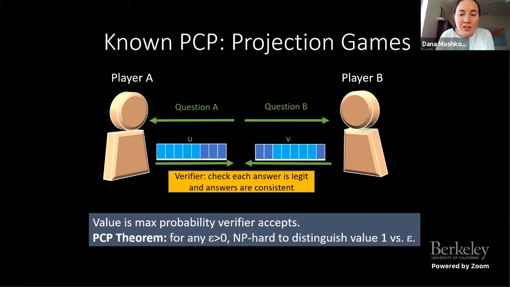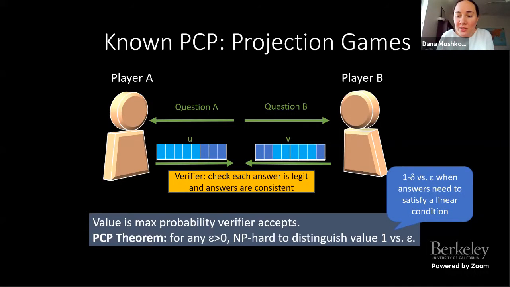I should say that various variants on this theorem are known. So for example, suppose that the underlying constraints on U and V are linear, right? So really, there are linear constraints on this vector, or linear constraints on this vector. And this is what the verifier checks, in addition to comparing. And even then, this gap is still known, which is basically a gap of 1 between completeness and soundness.